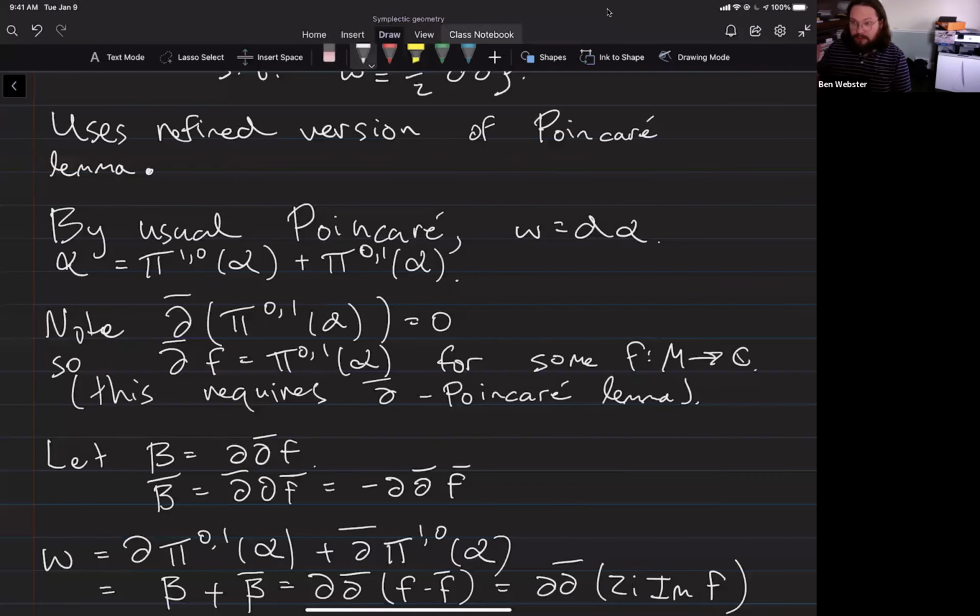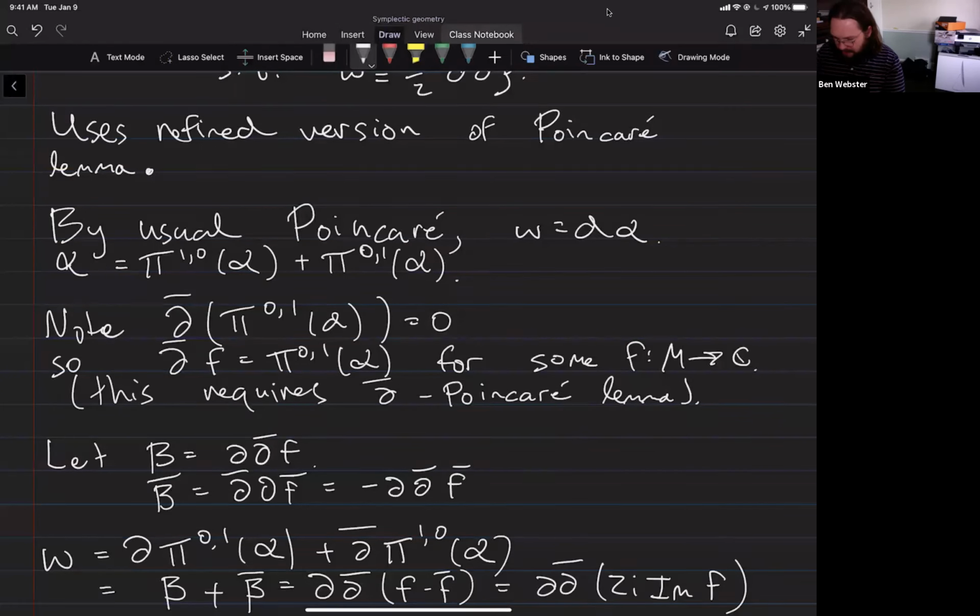So using the del bar Poincaré lemma now, we might have to shrink even more. There's a del bar version of the Poincaré lemma that says on a small enough neighborhood, any del bar closed form is del bar exact, unless it's already holomorphic.